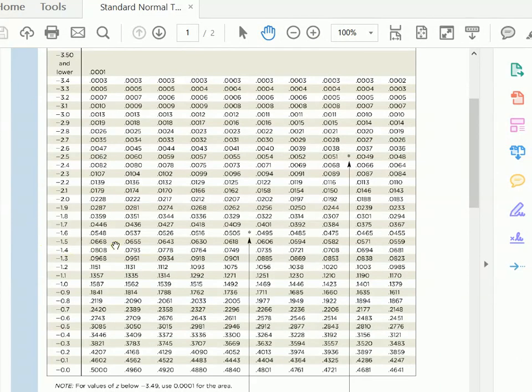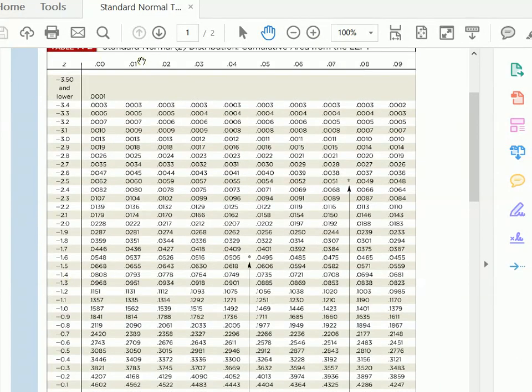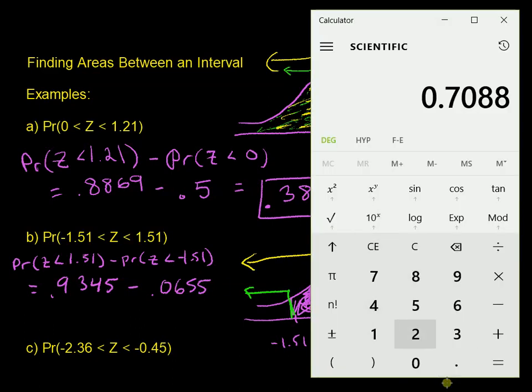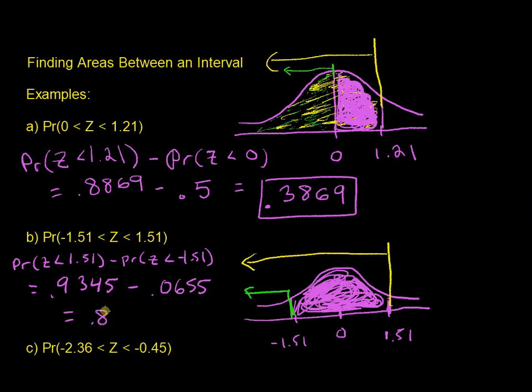Negative 1.51. So that's 0.0655. Okay, then pull out your calculator. Go ahead and calculate that. 0.9345 minus 0.0655, 0.869. Okay, and there you go. That's your answer.